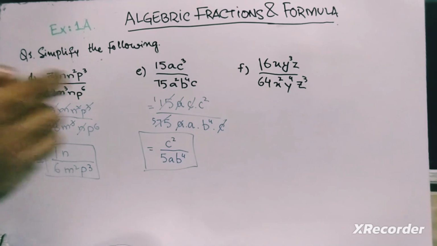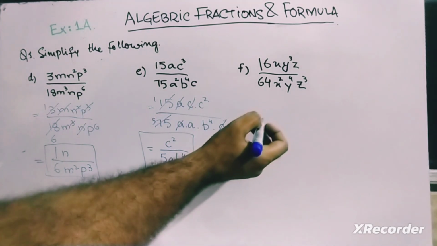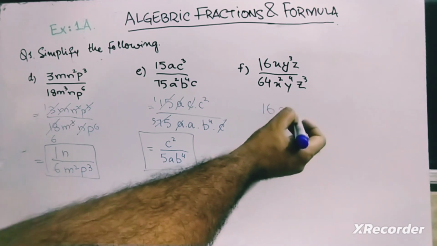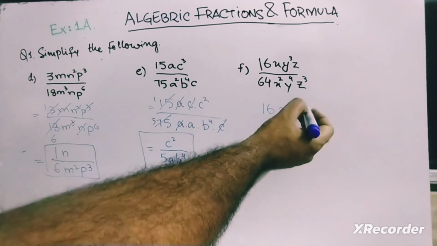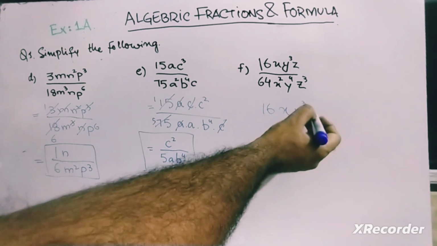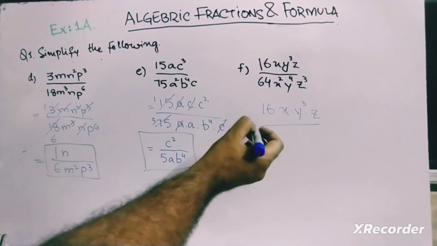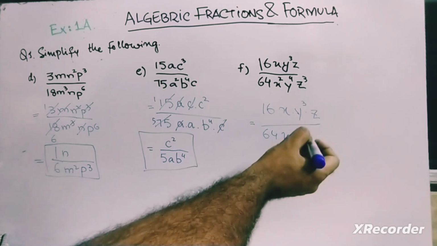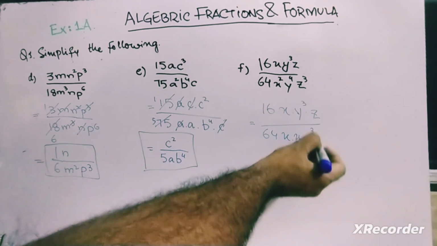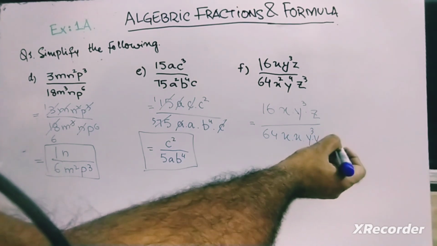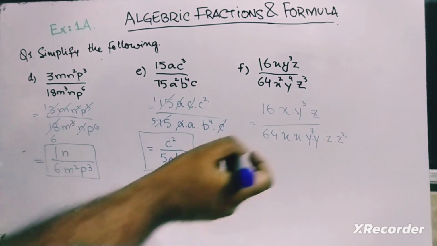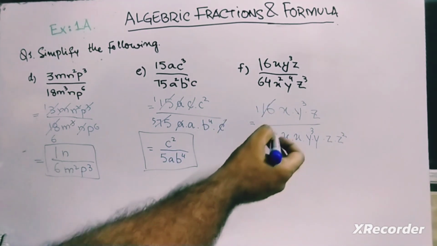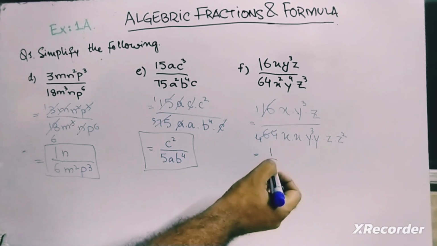Now for part F, we can write 16x y^3 into z, upon 64x into x, y^3 into y into z, z^2. So 16 times 1 is 16, 4 times 16 is 64, 1 upon 4.